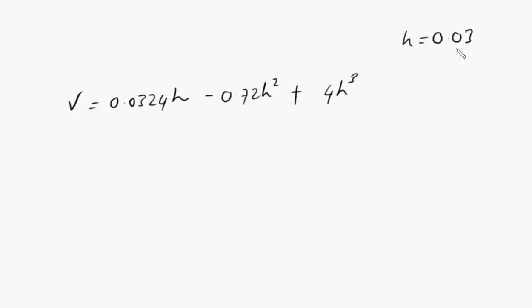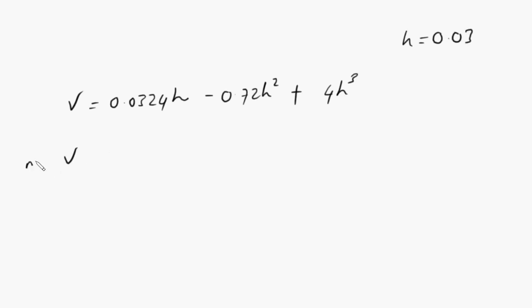Remember, the volume in terms of h was 0.0324h minus 0.72h squared plus 4h cubed. So which h gives the maximum volume? It is 0.03.